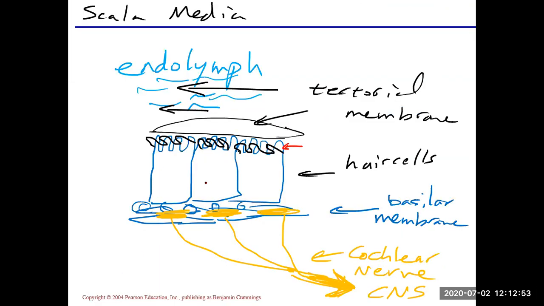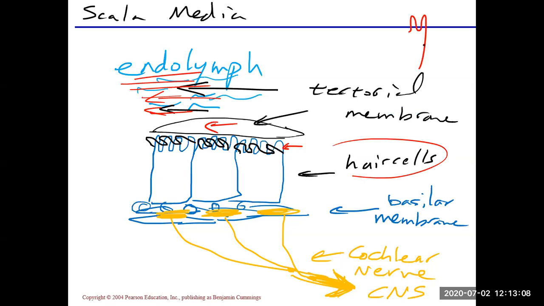You could see how the endolymph is moving, the arrow showing you the movement of it. Tectorial displacement occurs, and now you have the hair cells that are no longer upright like that, but more like bent like this, due to the movement of the liquid and the lymph.